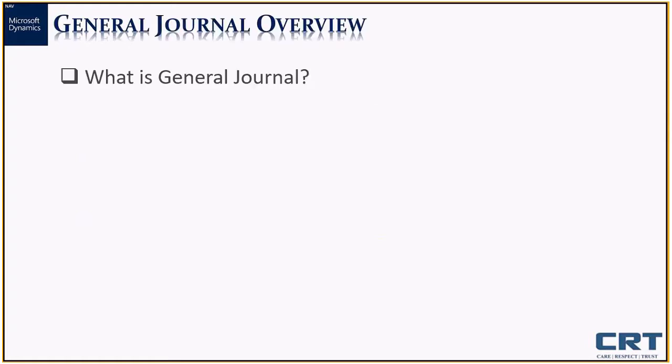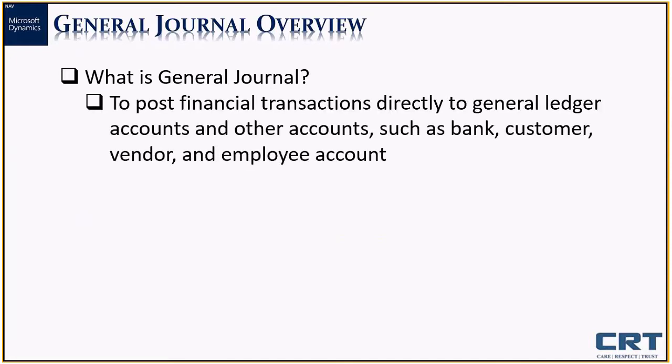Okay, let's go to the overview for the general journal. I believe when we talk about the general journal, you guys are more familiar than me. So the general journal will normally be used to post the financial transaction directly to a certain GL account or other accounts such as the bank, the vendors or the customer or even employee accounts.